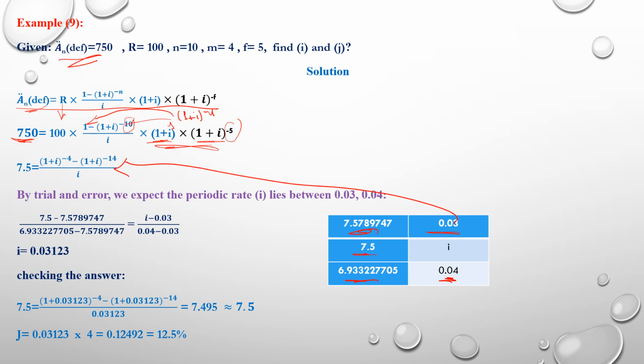So we have i lies between these two amounts, so we would find the difference between the internal amounts, 7.5 minus 7.578, and i minus 3%, these are the internal amounts.